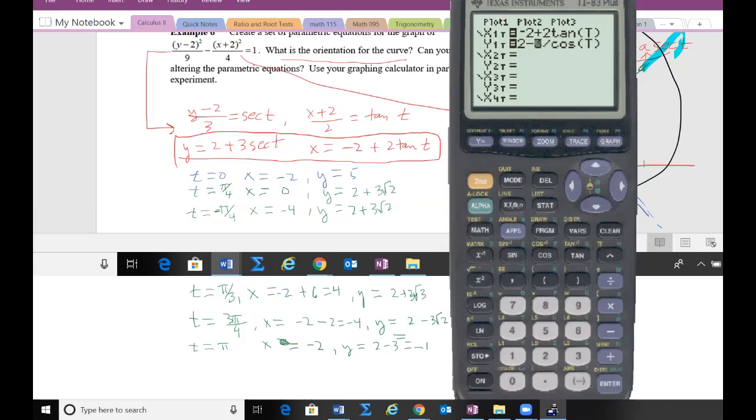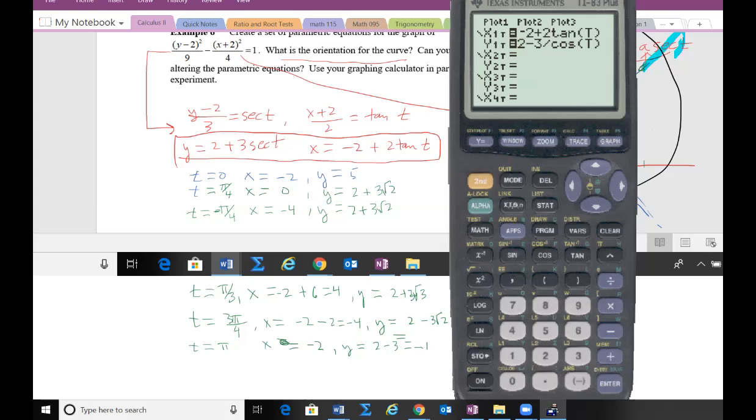Let's go back to the graph. Okay, actually it did not change the orientation. It kind of changed the starting point. If you notice, this wasn't the same as the last one. The last one we were starting up here and went that way and came back around on this side and stopped here. But this one, actually notice what it did.